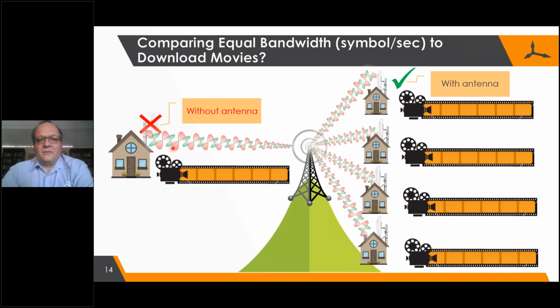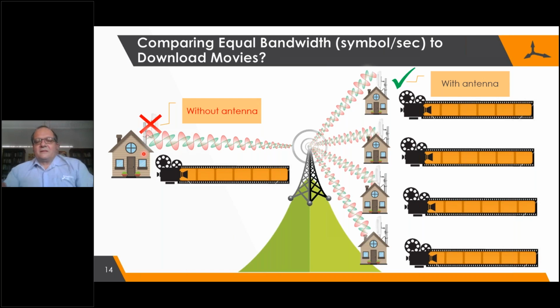Also note that if only 20% of your customers have slow rates, they would take up virtually half the base station capacity. So if you look at this situation here, these 4 guys would be half, and this 1 guy takes the other half of your bandwidth in order to take 1 movie down. So clearly, every slow guy cheats you out of 3 other customers. Well, not cheats you, that's the effect of it.